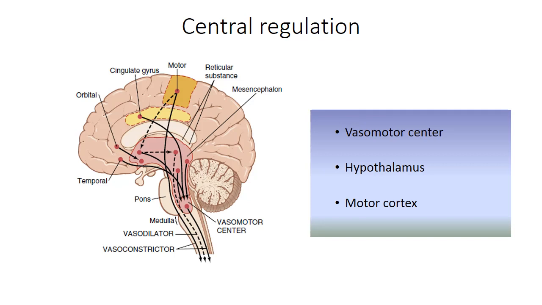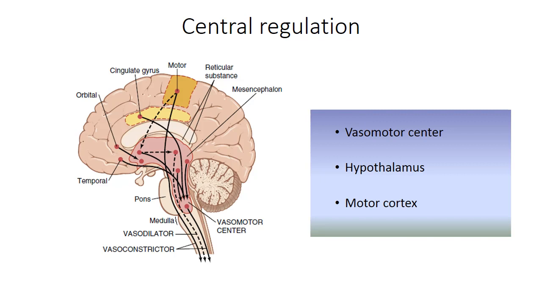One of them is the hypothalamus, which acts on the vasomotor center. The posterior side of the hypothalamus stimulates the vasomotor center and constricts vessels, but the anterior part of the hypothalamus can inhibit the vasomotor center, so it inhibits vasoconstriction of vessels.